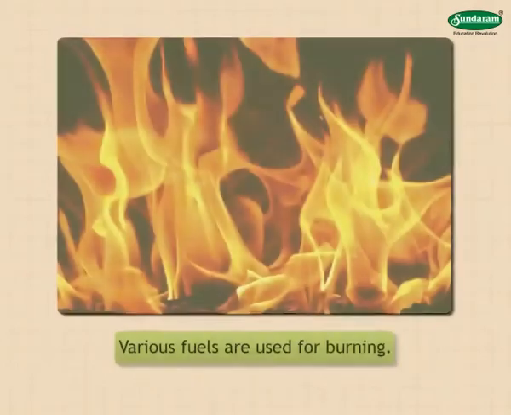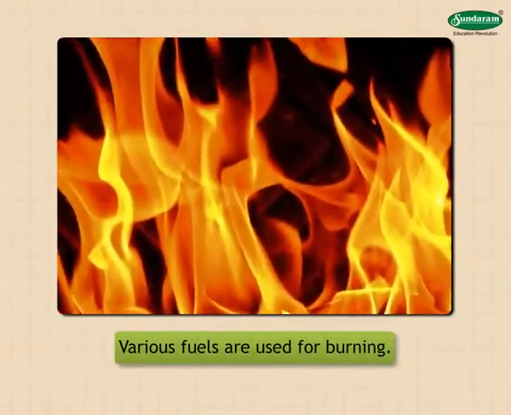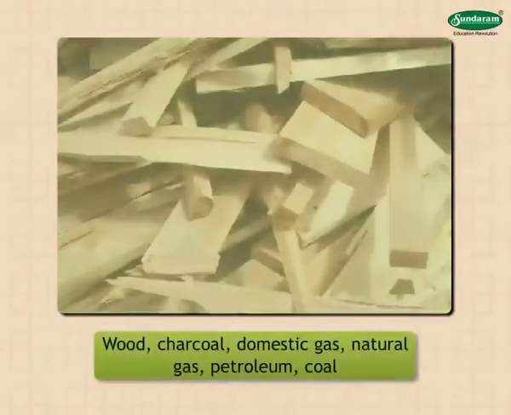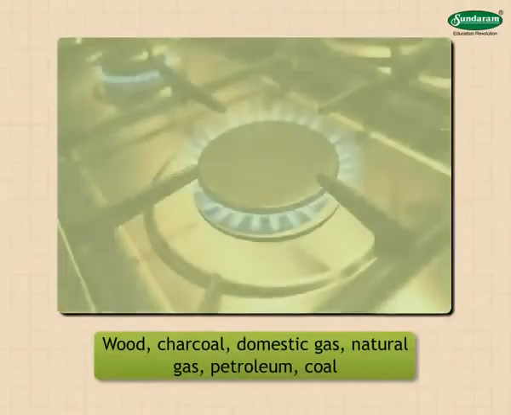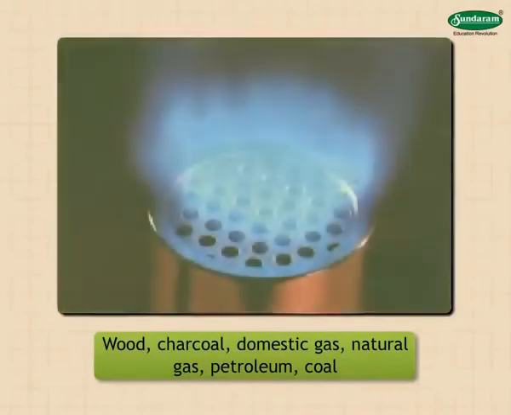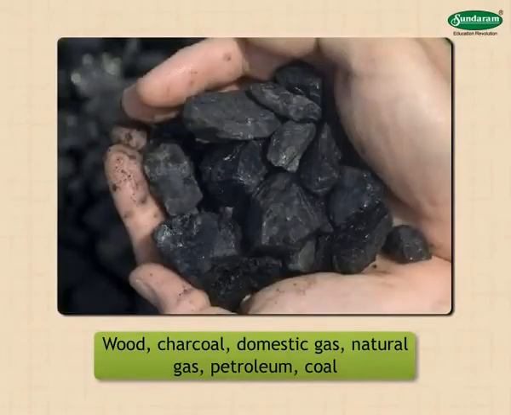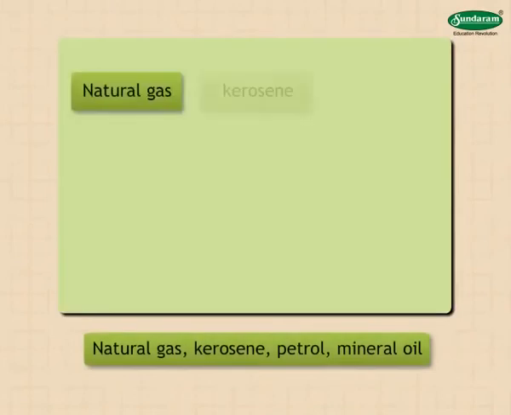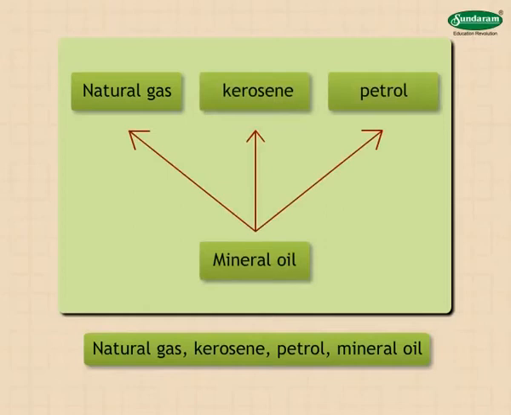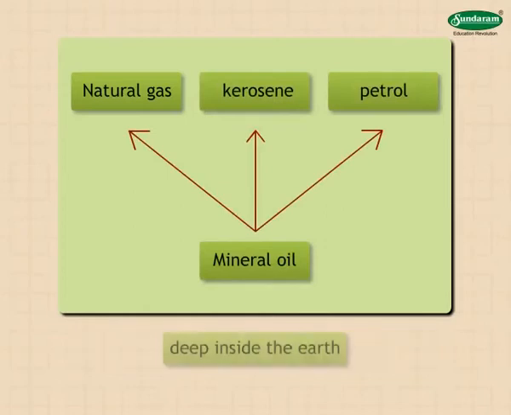Fuel. Various fuels are used for burning. Wood, charcoal, domestic gas, natural gas, petroleum, coal are some of the different types of fuel. Natural gas, kerosene, petrol are all fuels obtained from the mineral oil we get from deep inside the earth.